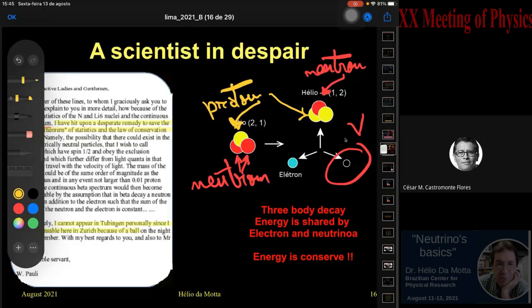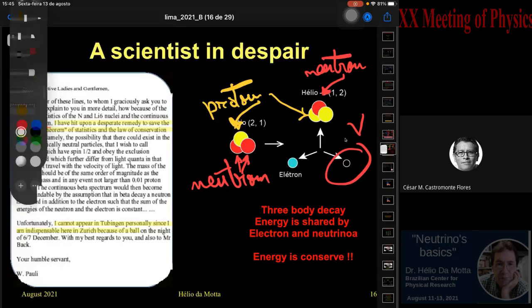And then a neutron getting a positive charge becomes a proton. Okay? They did not know that on those days. They had no idea of the neutrons, the protons, and how things work. But now that's what we know that happens.